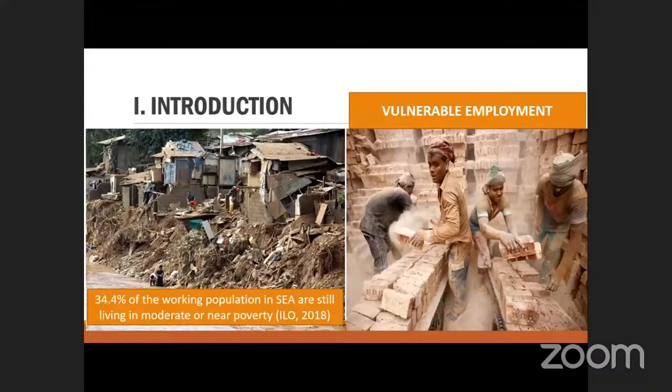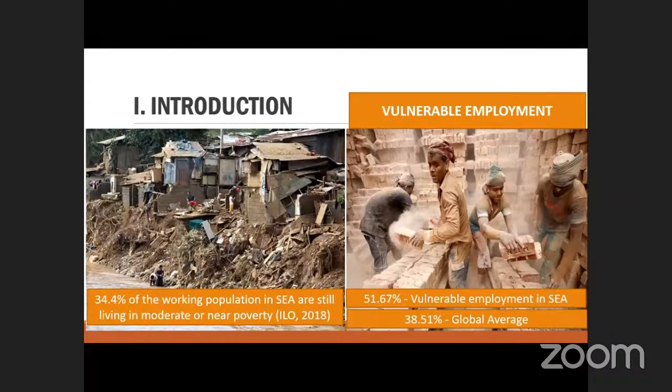Vulnerable employment refers to persons who have no formal job contracts, are at risk of being terminated without any warning, and have no right to unemployment benefits. In 2018, 51.67% of the total employment in Southeast Asia was categorized as vulnerable employment, which was above the global average of 38.51%. The high rate of vulnerable employment in the region remains a threat to the prospects of increased poverty reduction.